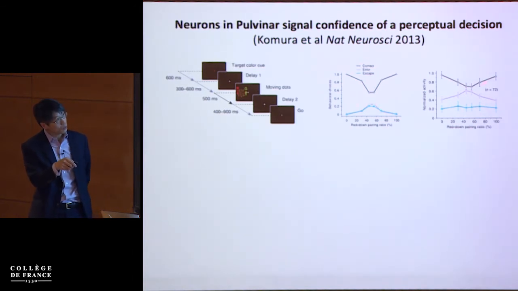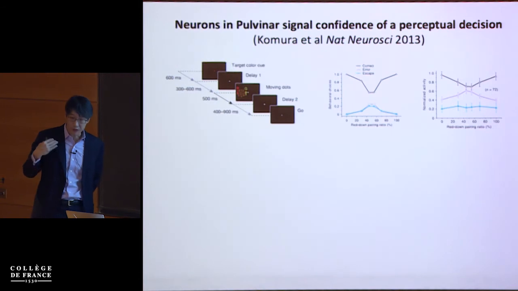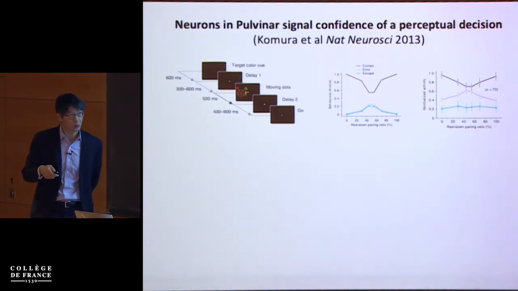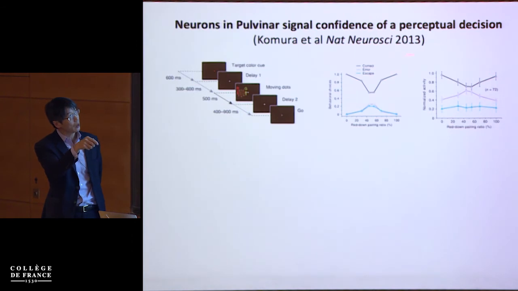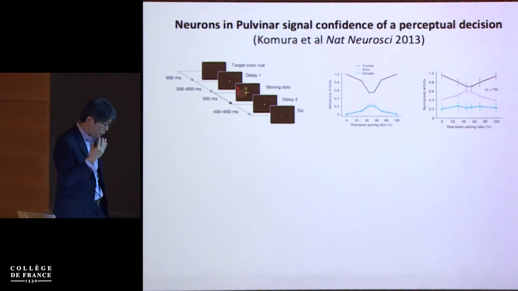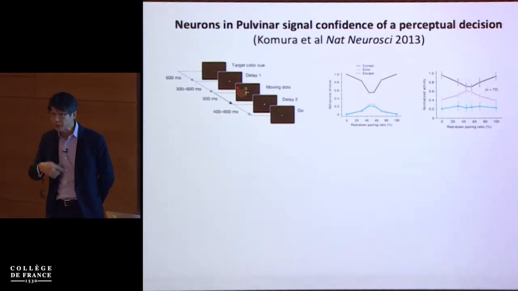This is the single neuron data from pulvinar, showing that basically when the evidence is strong on the left or right, and you make a correct decision, in black, your confidence should be high, right? And the activity also is high at a single cell level. On the other hand, when the evidence is strong on the left and the right, you made a mistake.